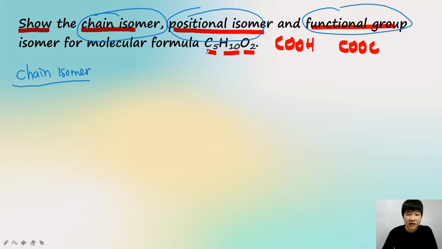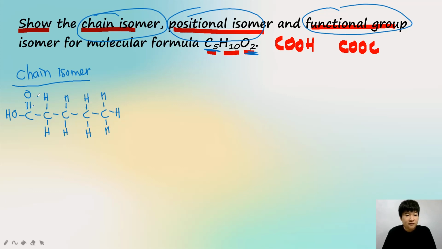Let's start with the 5 carbon straight chain. I start with the carboxylic acid, COOH. So I put down C double bond O, OH. I have 10 hydrogen. I have used 1. I have 9 more. So the 9 will be into each and every carbon to achieve 4 bonds.